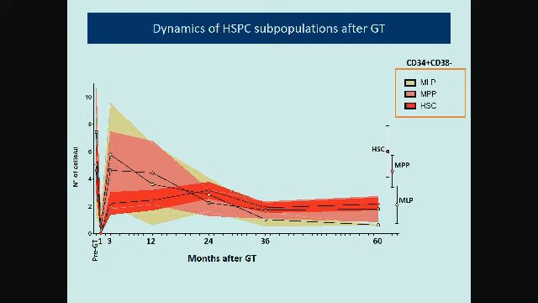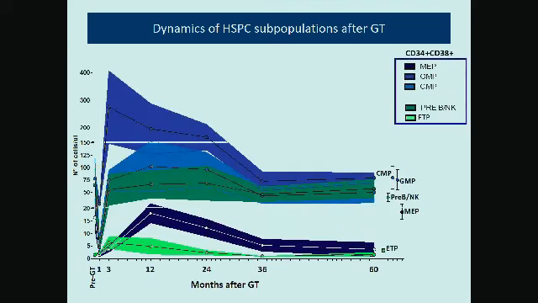Then after this first peak, this contribution decreases to levels that are not exactly matching what is in a normal individual, as you can see from the latest dots on the very right of the graph, which are put there as a healthy donor reference. But this level is pretty stable over time.